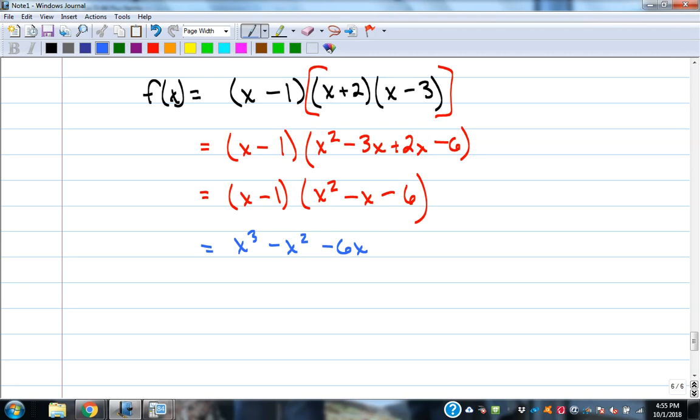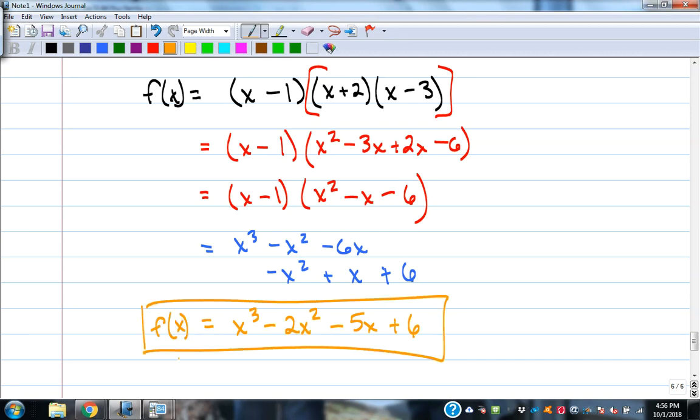Then I'm going to distribute the -1. -1 times x squared, I'm going to put that under here. And then, that way I stack up my like terms. It just makes it maybe a little bit less jumbled. That'd be -x squared, positive x, positive 6. And then I add them up. X cubed minus 2x squared minus 5x plus 6.